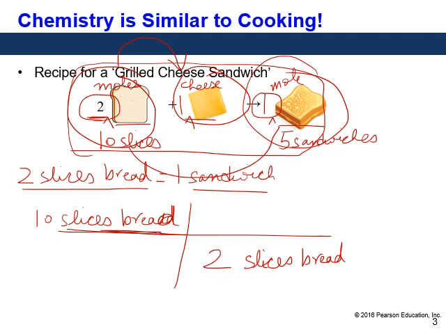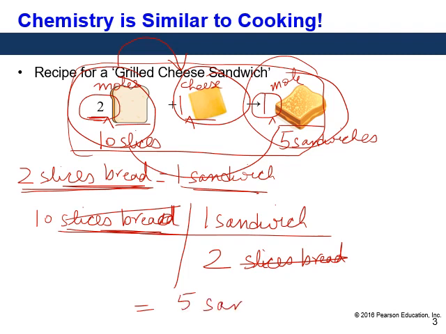So how many? 2, which is coming from this conversion factor, and whatever is the other factor goes on top. 1 sandwich. Slices gone. Your final answer is in sandwiches, which means 10 multiplied by 1 divided by 2 gives you 5 sandwiches.